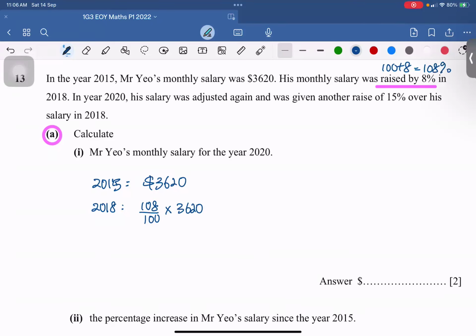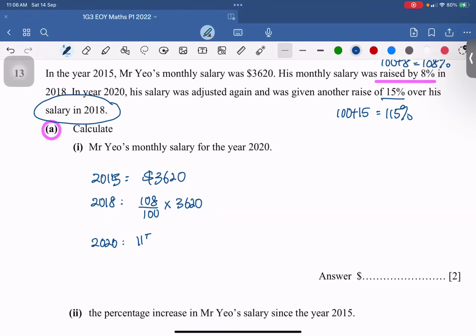Whether you want to find the number or not, that's up to you. And in 2020, his salary was given another raise of 15%. So that would be 100 plus 15, 115% over his salary in 2018. That will give me 115 over 100 of this whole number. Find whatever the answer is, plug it inside.